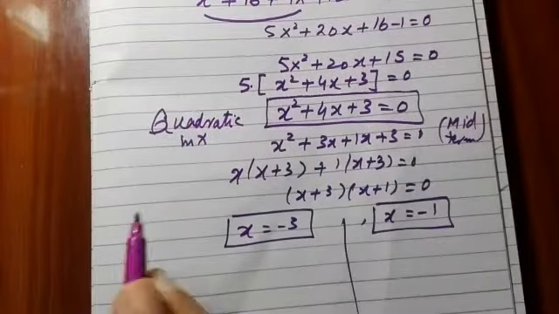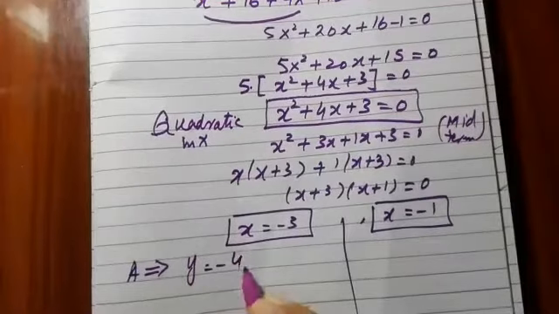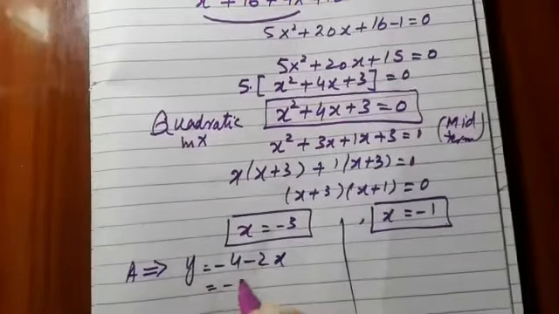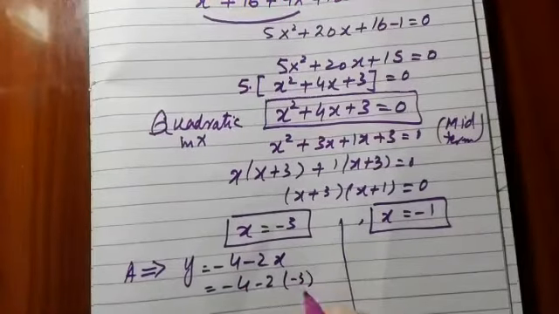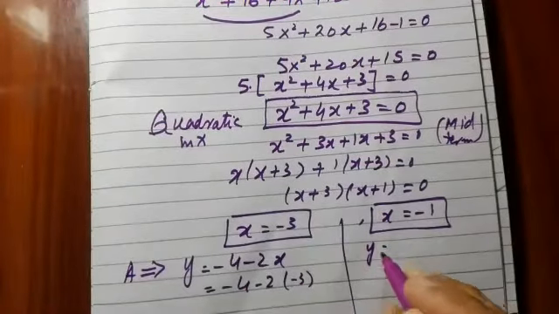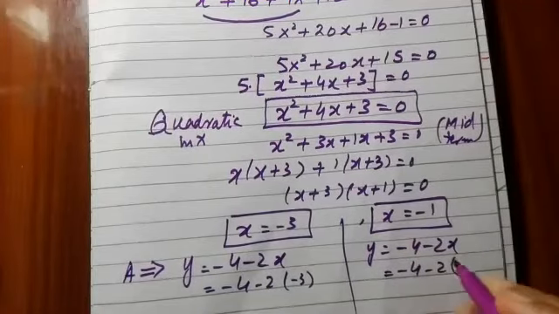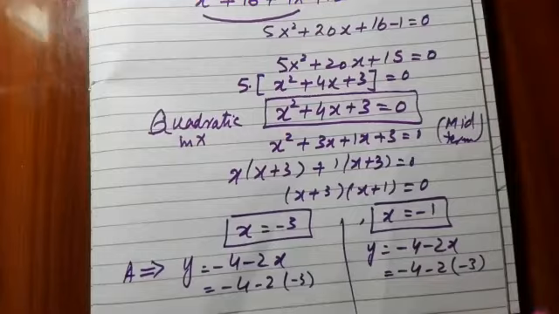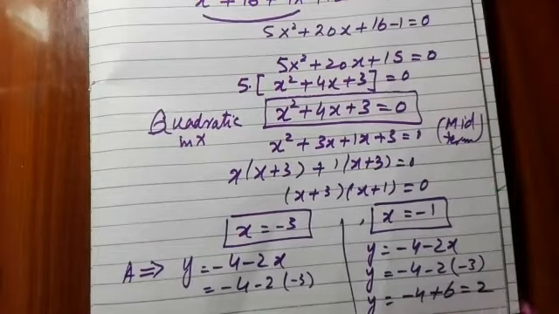So I will write here equation number A, that is y equals to minus 4 minus 2x. If you substitute x equals minus 3, this is y equals to minus 4 plus 6, that is equals to 2.